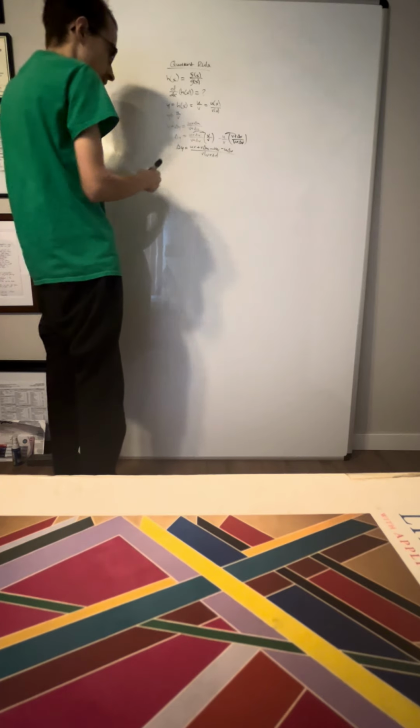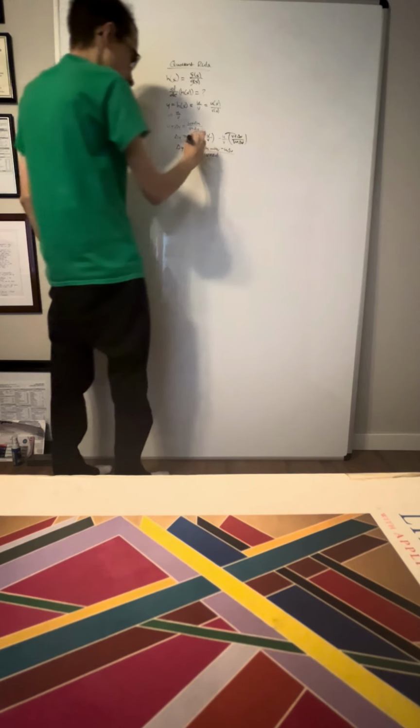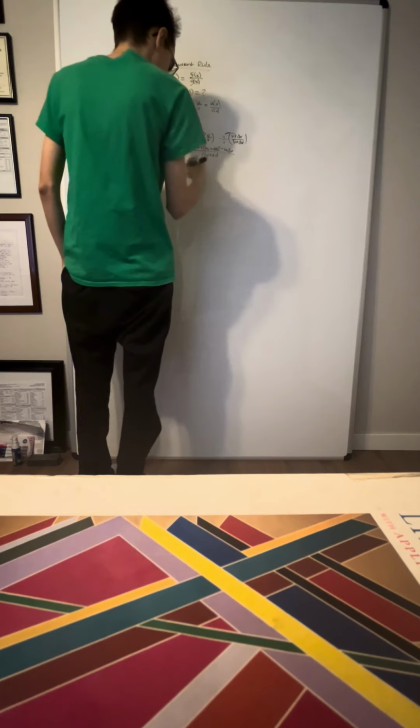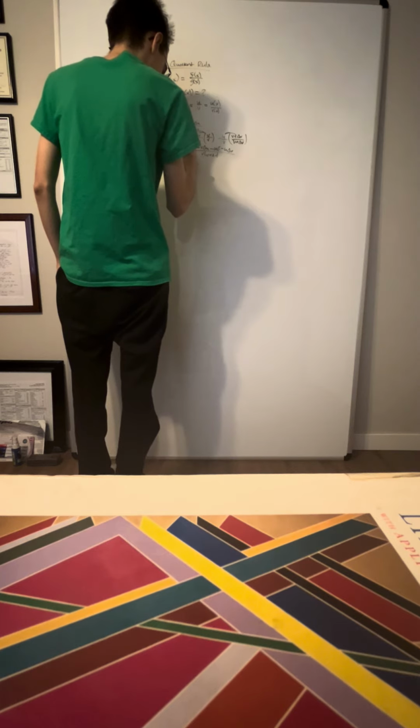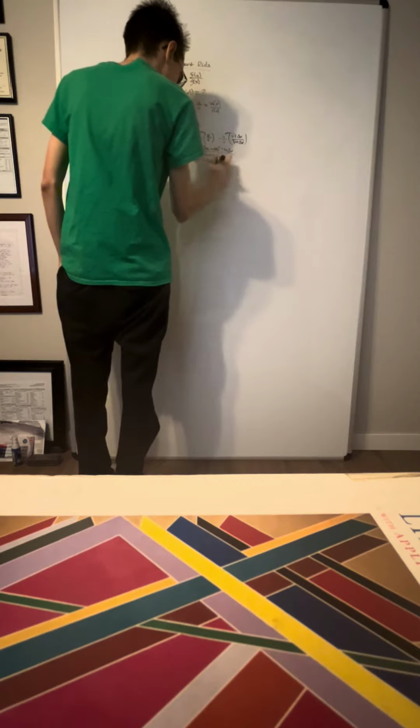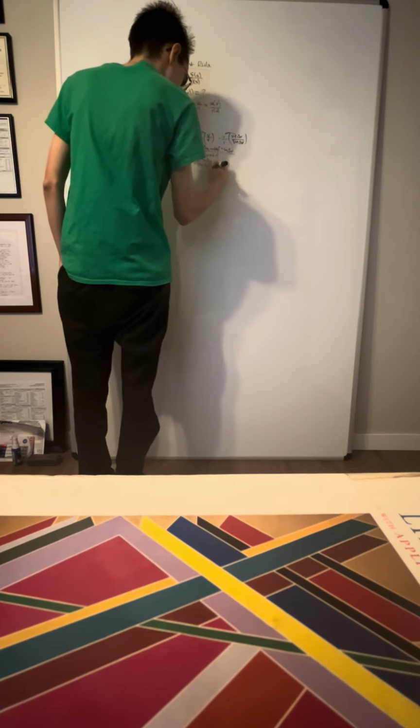So now we have a uv minus uv, so that cancels out. So now we're going to be left with delta y equals v delta u minus u delta v over v times v plus delta v.